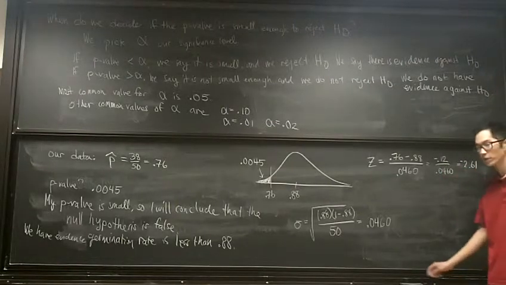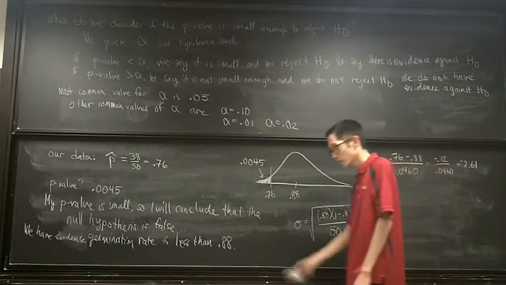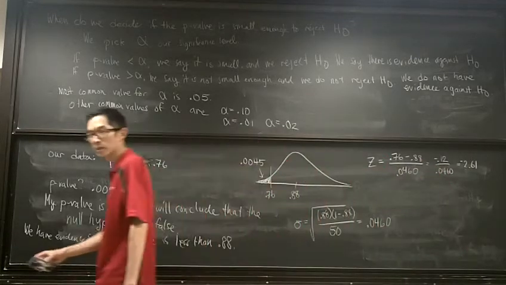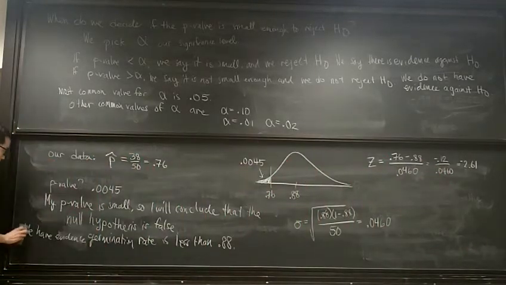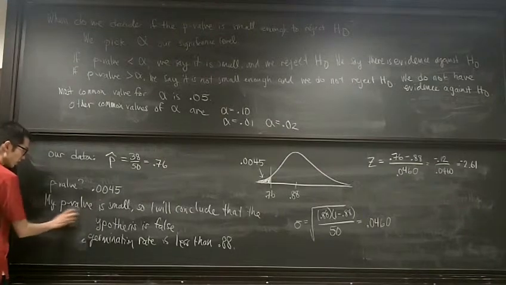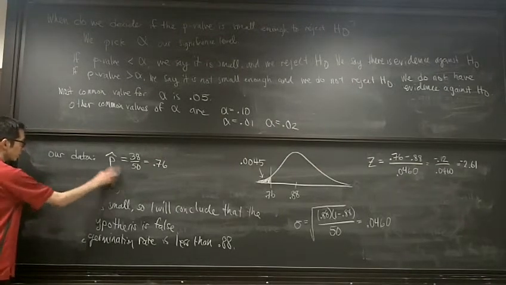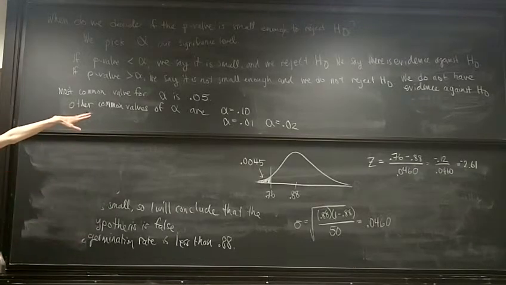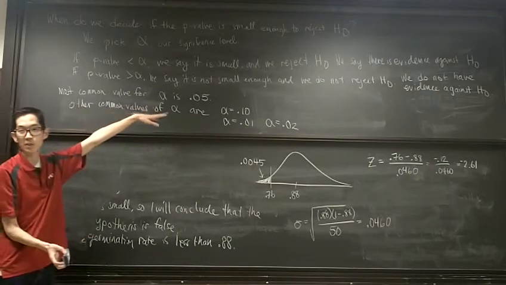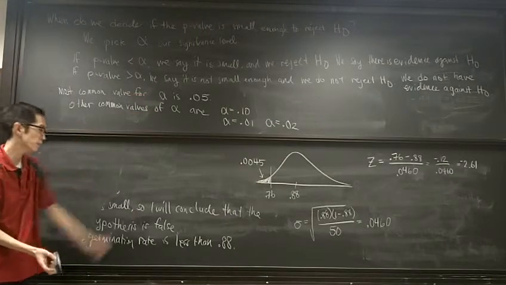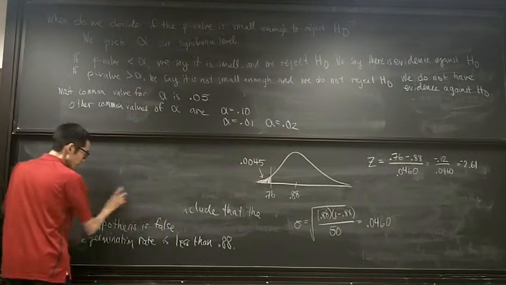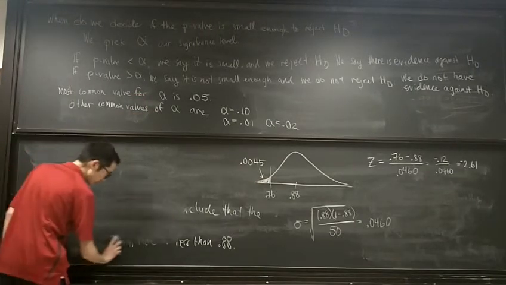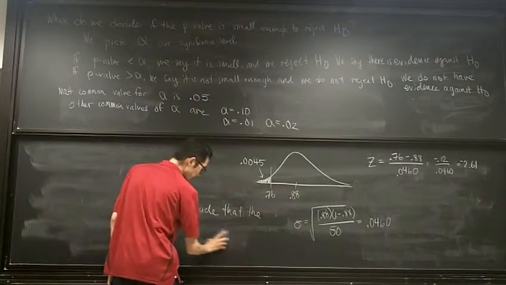You would need an extraordinary reason to pick something bigger than 10%. But again, it's up to you if you can justify it. But generally, if you don't see anything listed, assume that alpha is 5%. Okay. All right. So let's try an example.